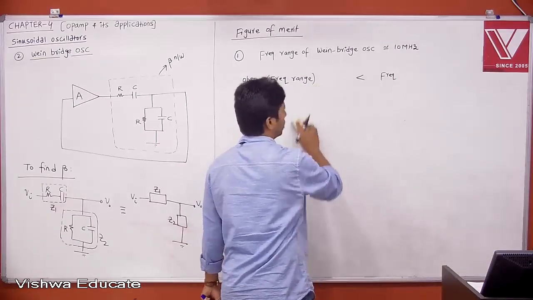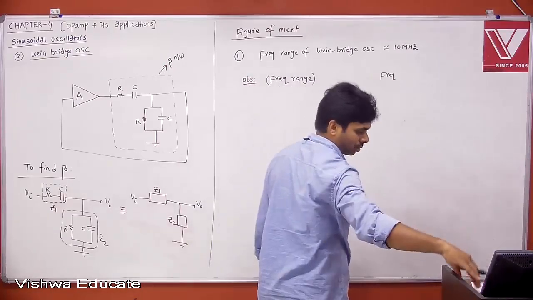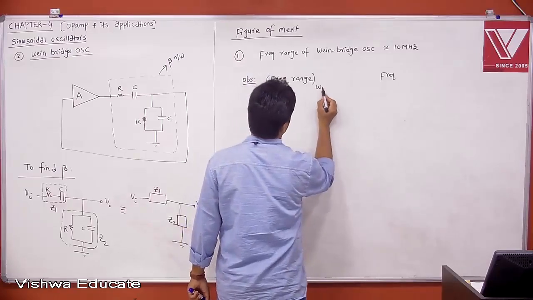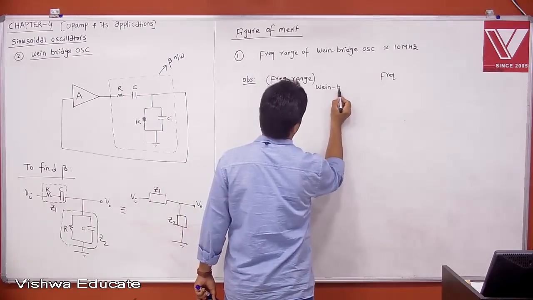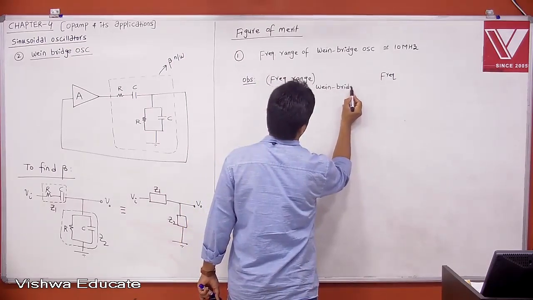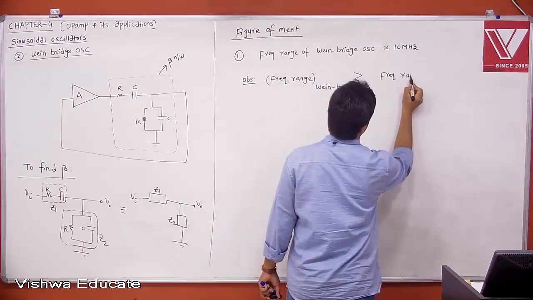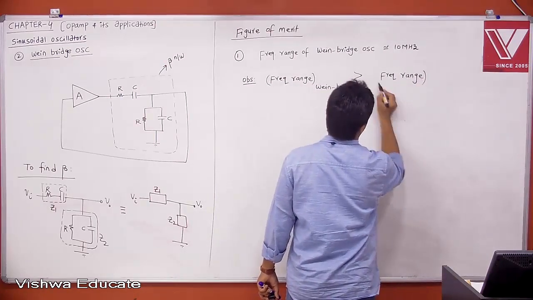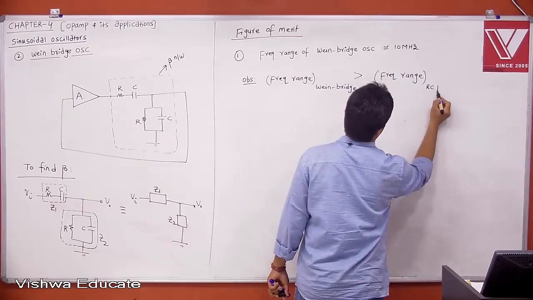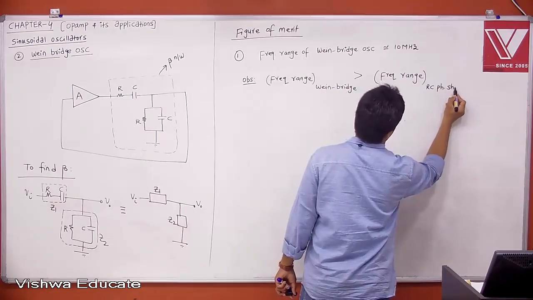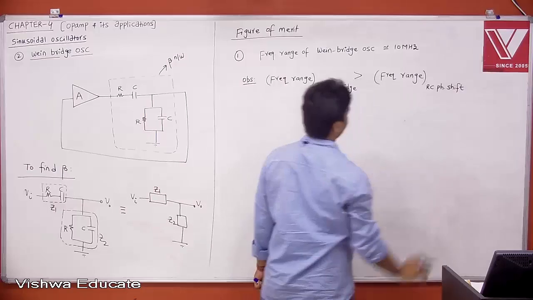This is the Wien bridge, which is greater than the frequency range of the RC phase shift oscillator. What is the reason?